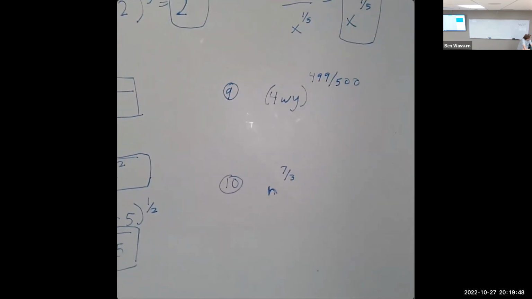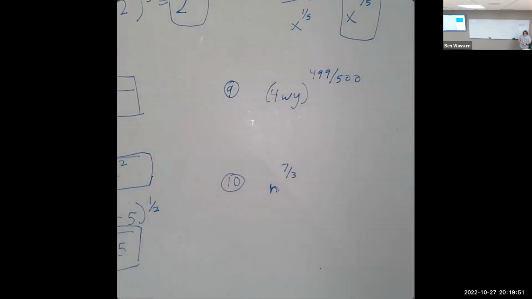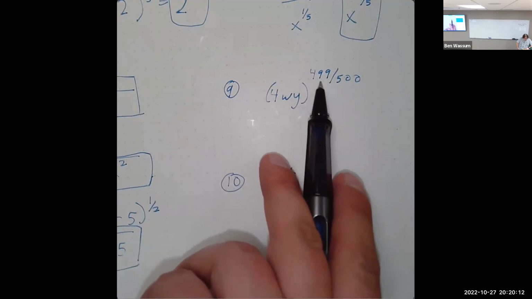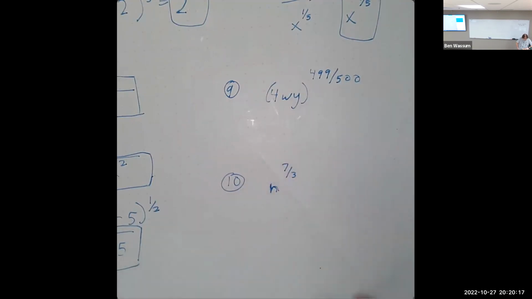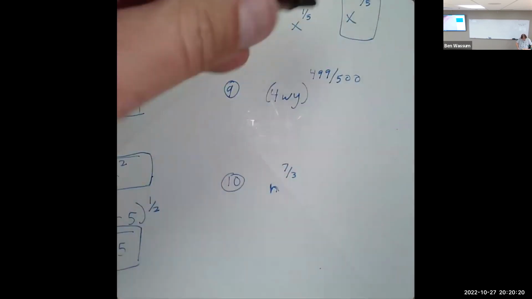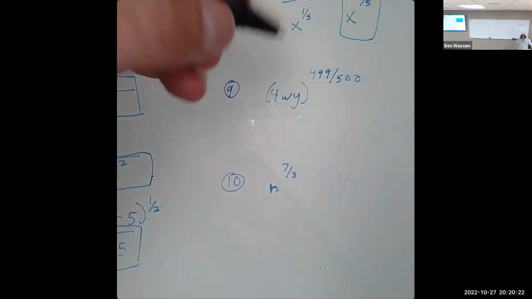You guys think about number 9? The 4, a W, and a Y. And it's a 499 over 500 power. It's not any harder than any other problem. Every single one of these, this is the power, this is the root. No change. If it gets big, I don't care. It follows the same rules.